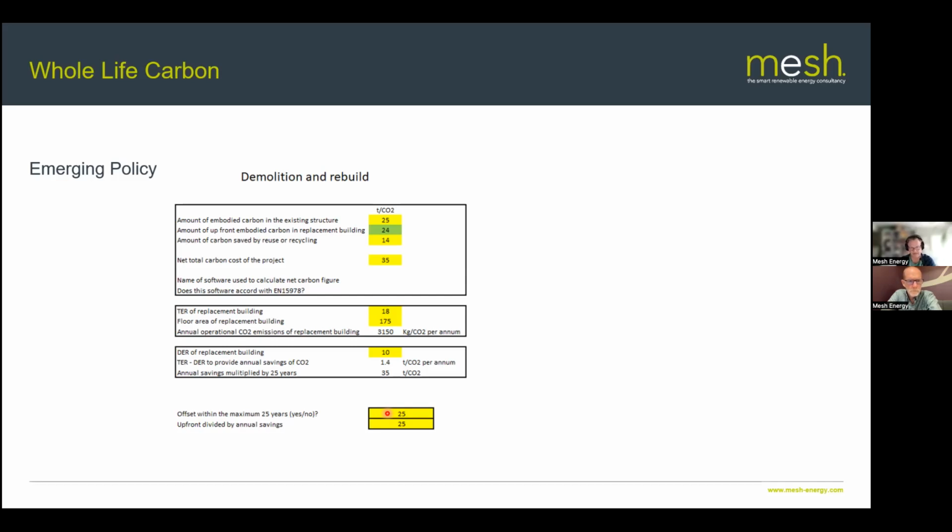And then we can start to refine the design to reduce that upfront embodied carbon, with the aim of meeting that 25-year limit.